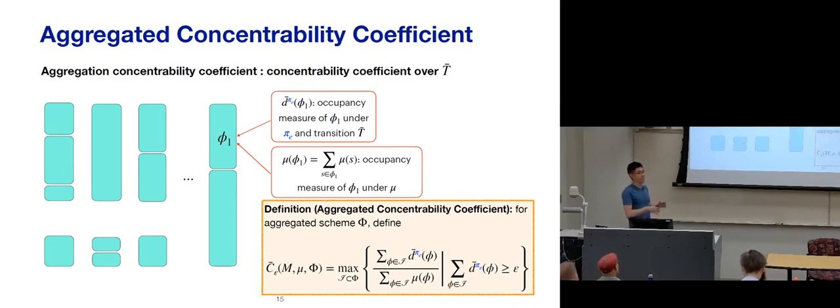This is because if we don't do this sum, then maybe there exists some phi where both the occupancy measure and the offline distribution are very small. We can just ignore these states, because this state is very difficult to reach, so it doesn't matter whether it is covered well or not. And if we require these conditions, then we know there exists at least a group of states whose occupancy measure is at least epsilon.